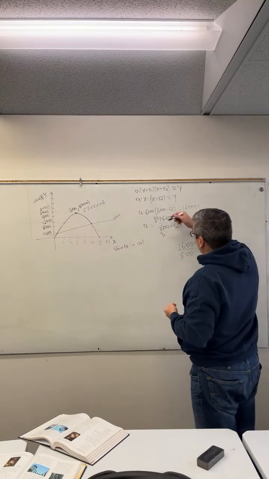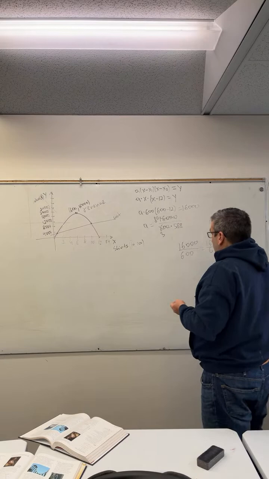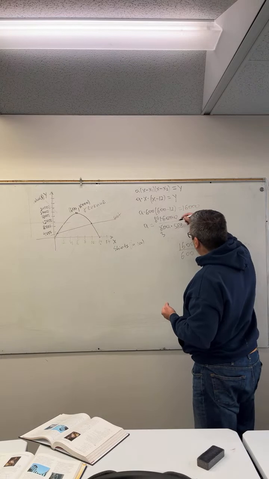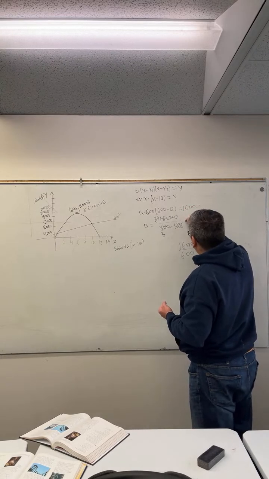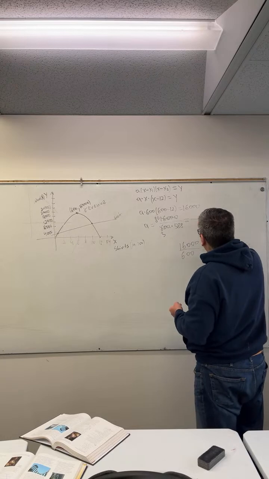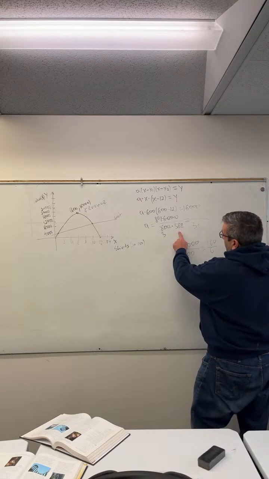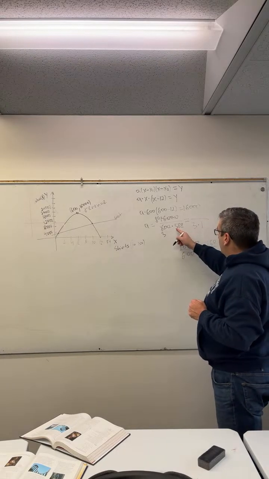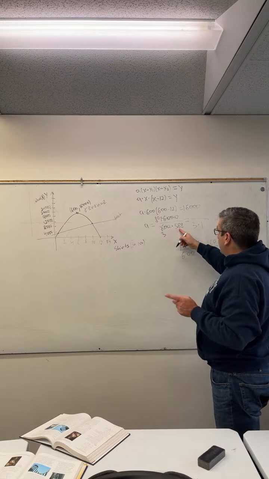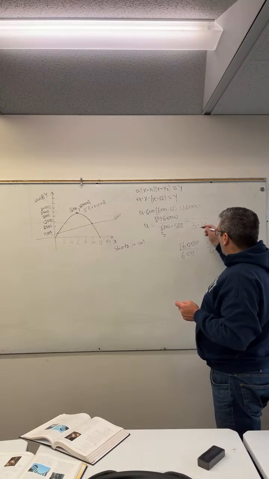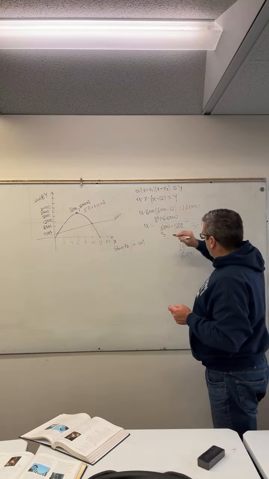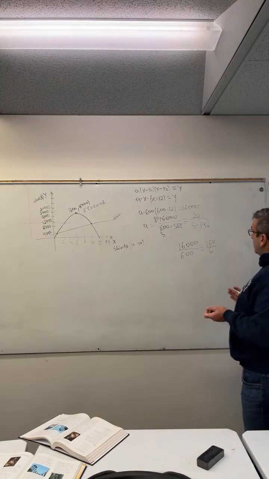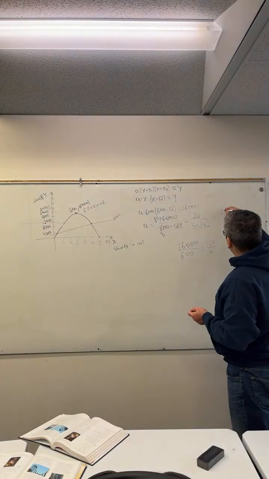So now we can continue. 80 and 588, we can reduce by 4 probably. 588 divided by 4 is 147, and 80 divided by 4 is 20. Can we do anything else? No, so this is what's left.